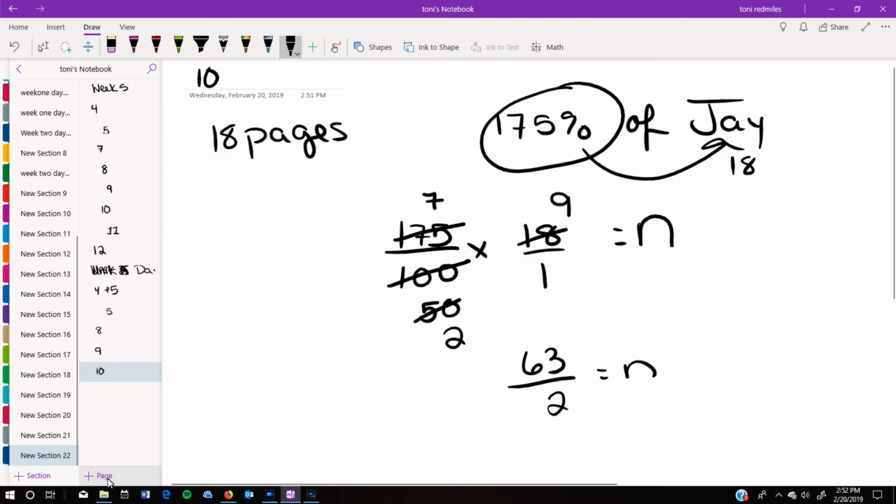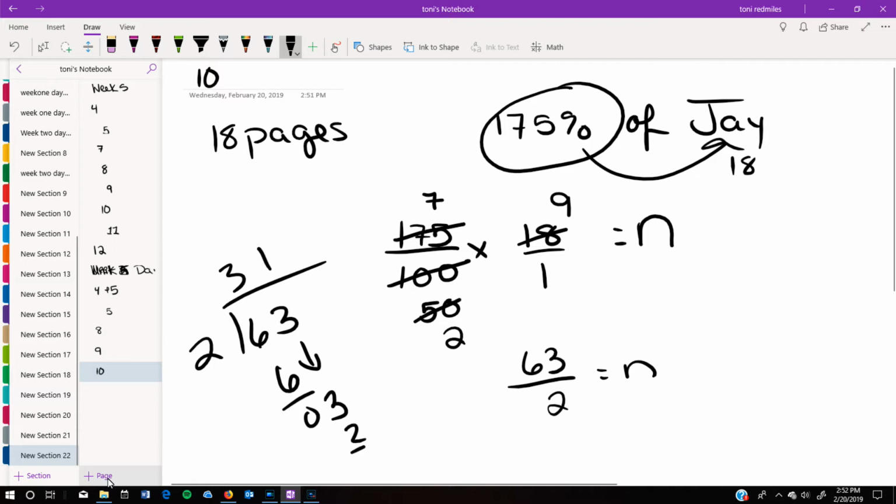All right, let's reduce this. Well, let me write it all out. 2 can go into 6 3 times, and 2 can go into 3 one time with a remainder of 1, so decimal, 0, drop it down, 2 can go into 10 5 times. So N equals 31.5.